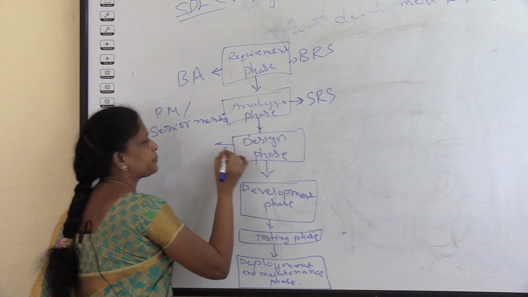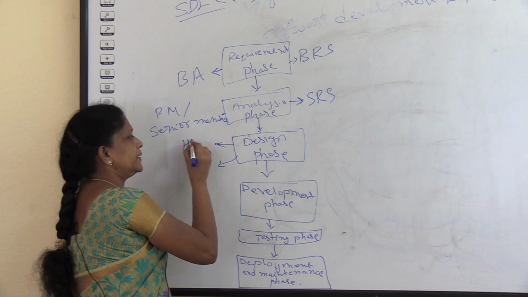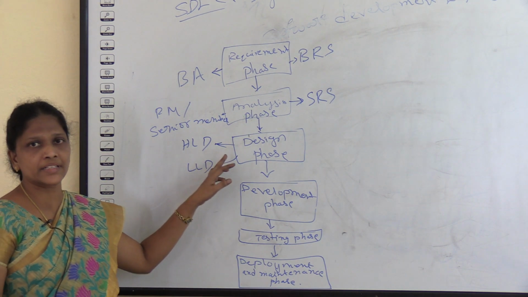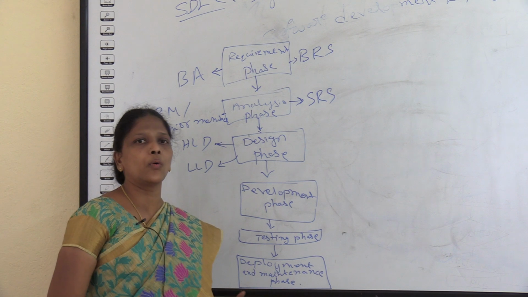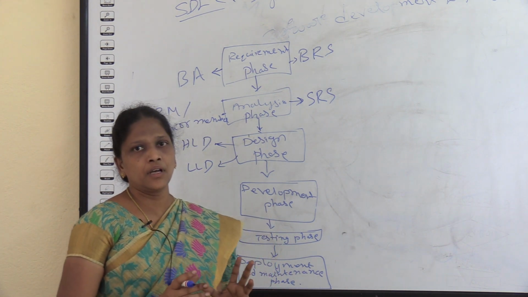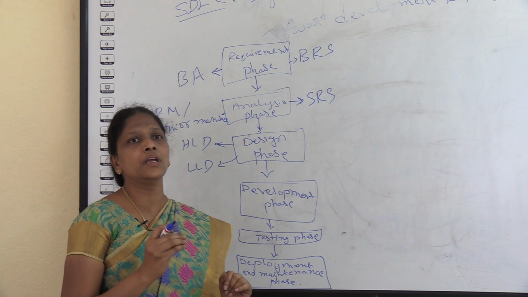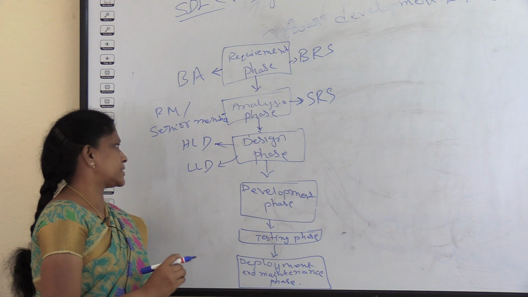In this, there are two steps, HLD and LLD. Means high level design and low level design. High level design describes the overall structure of the software project. LLD describes each and every component of the project.